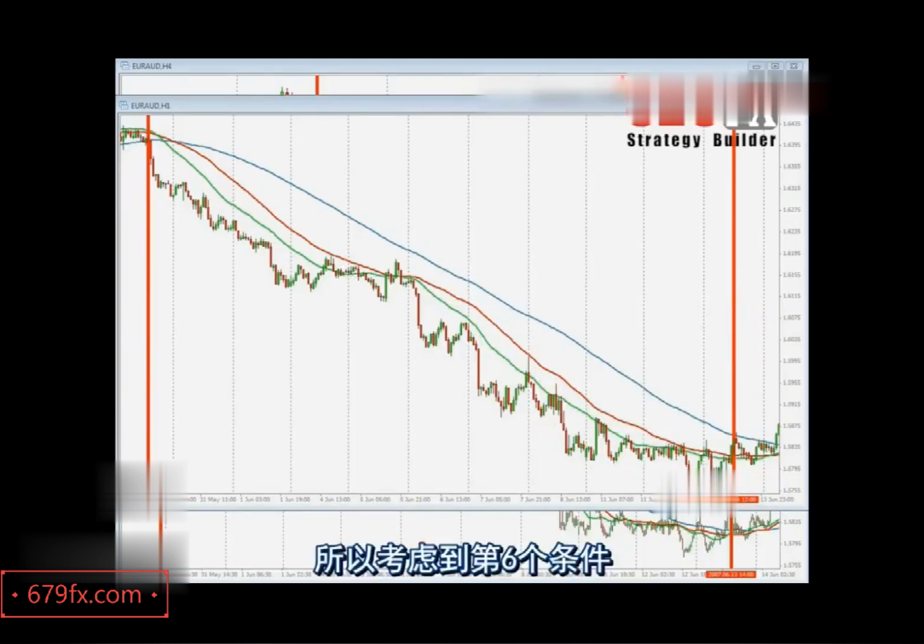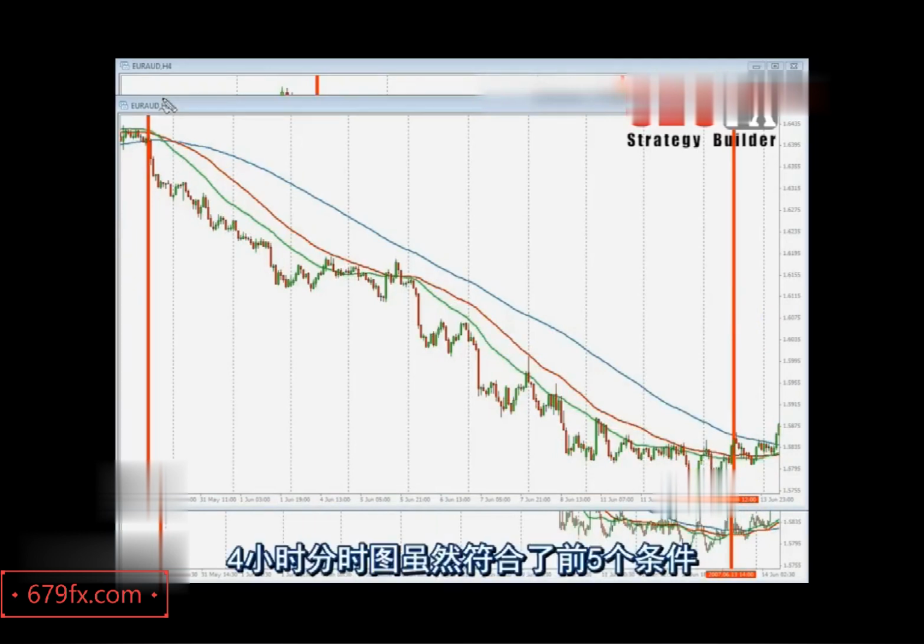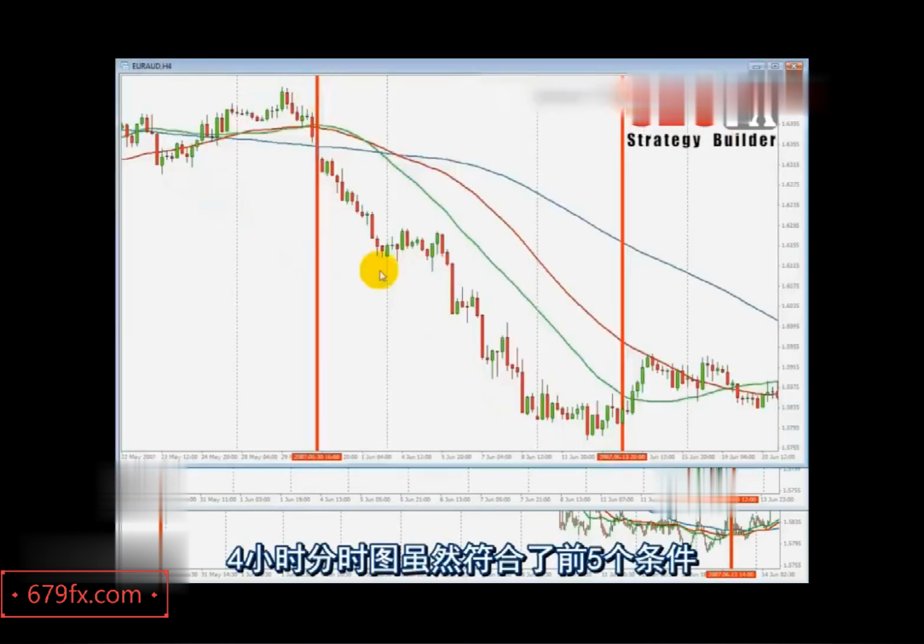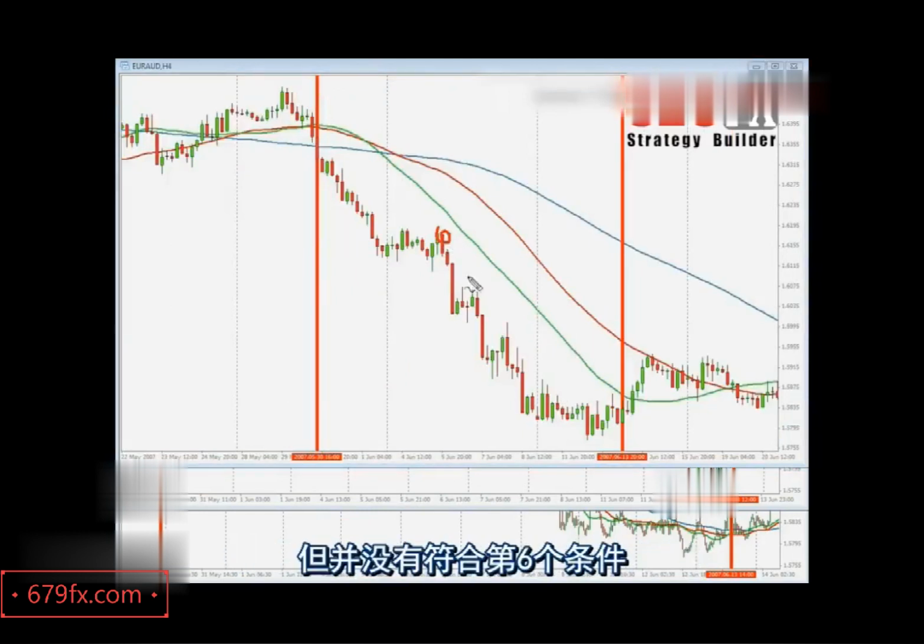Okay, so as far as the sixth condition, this is clearly a 1 hour time frame. The 4 hours time frame, sure, it also fulfills the first five conditions, but it does not fulfill the sixth condition. Price is not hugging the dynamic area on the pullback.